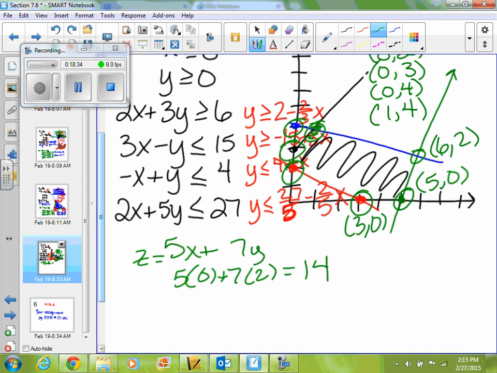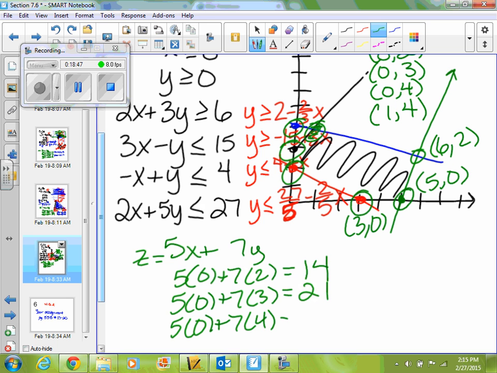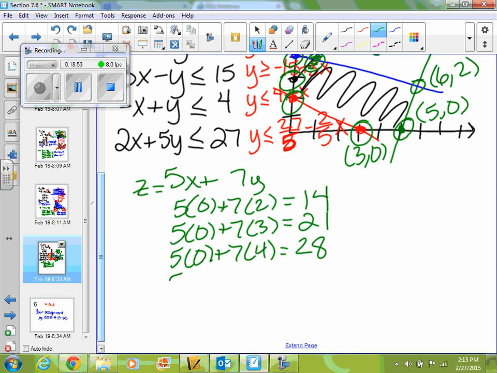If I go with 0, 3, 5 times 0 plus 7 times 3 gives me 21. If I go with 0, 4, 5 times 0 plus 7 times 4 gives me 28. Okay, if I go with 1, 4, 5 times 1 plus 7 times 4 gives me 33.